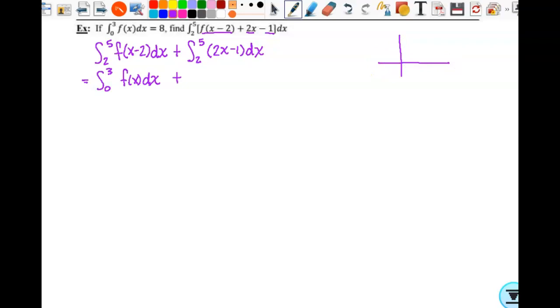So this is 2x minus 1. So it looks something like that, right? Because negative 1's down there and it's positive slope. And I'm going from 2 to 5. So on this one, I'm not changing it from 0 to 3 because I'm not thinking about it as a translation any which way. So if I substitute 2 into here, what do I get? 3.